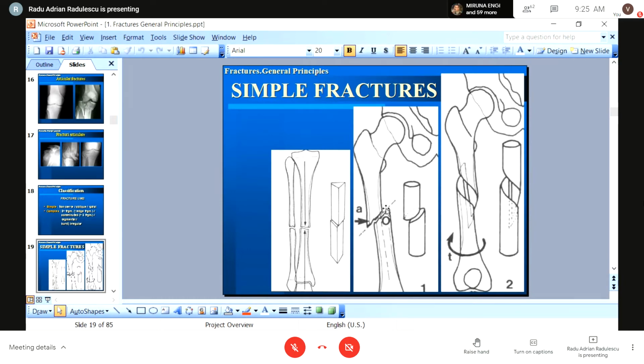So that's why usually in this type of unstable fracture, the patient, after fixation of the fracture, will not be allowed weight bearing. The same thing may happen with this spiral fracture, which is also unstable, exactly like the oblique fracture.